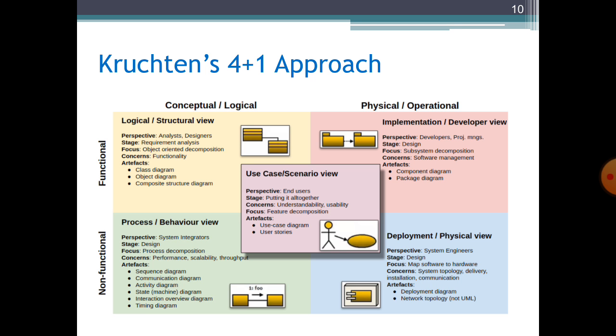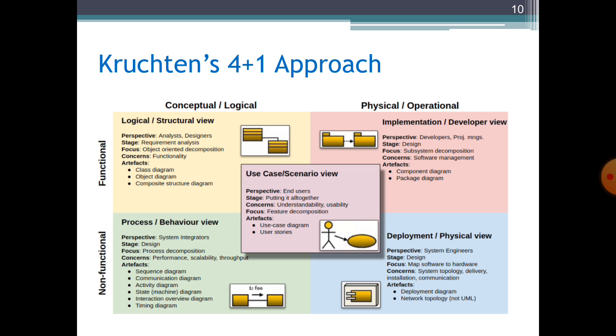Students, if you look into this diagram, you can see that this architecture is based on five views, or perspectives, of the application, telling us what diagram can be used to document each of those views.